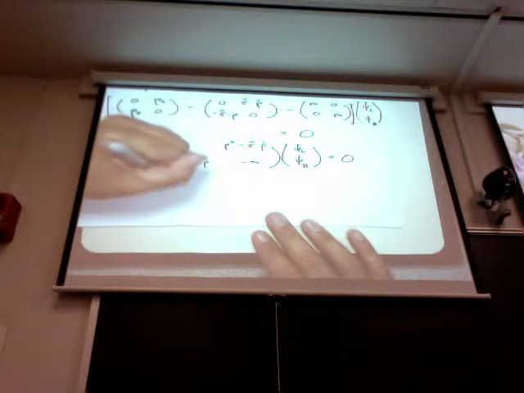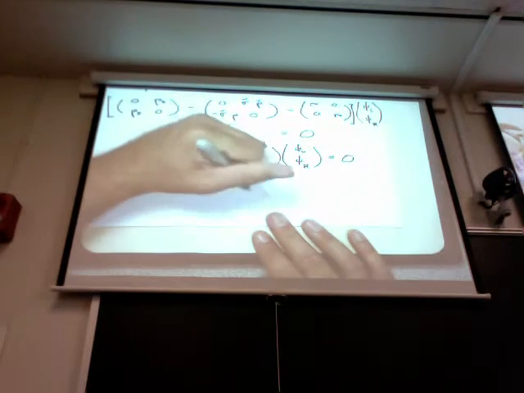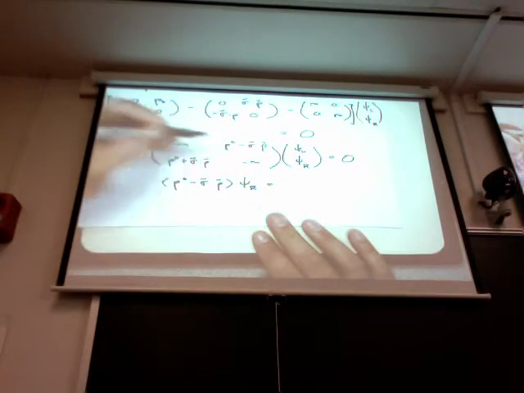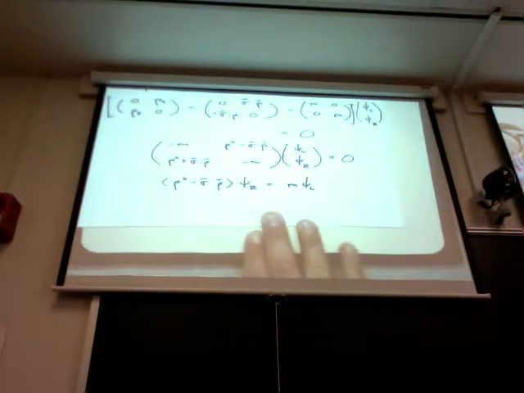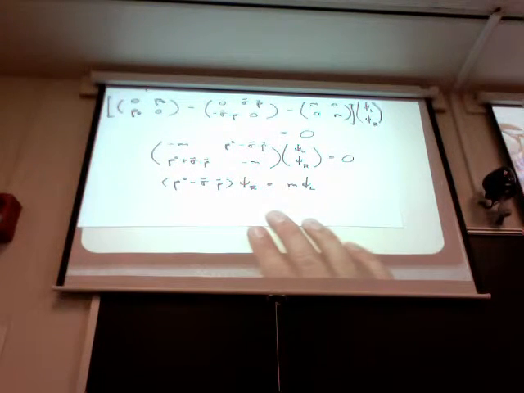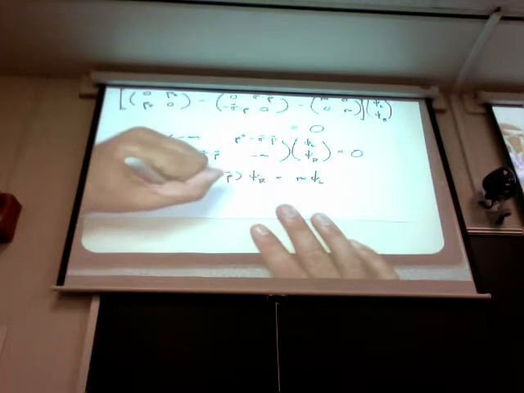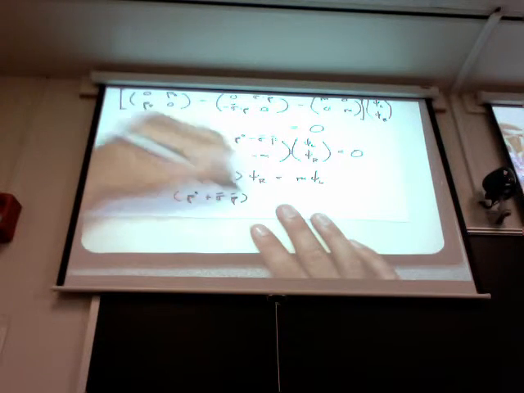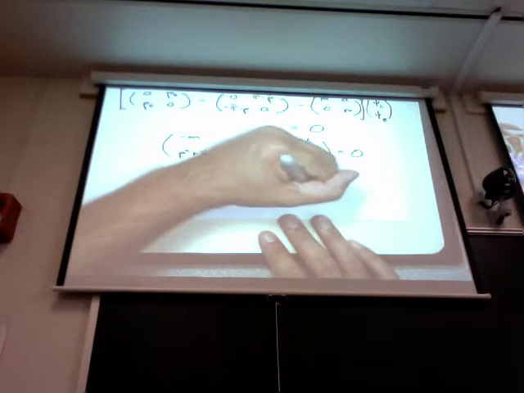I get P0 minus sigma dot P hitting psi R equals plus m psi L. And likewise, from the bottom row, I get P0 plus sigma dot P hitting psi L equals m psi R.